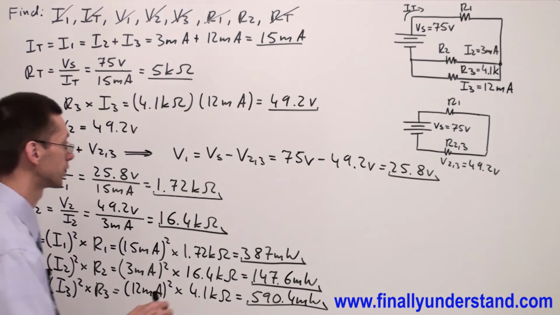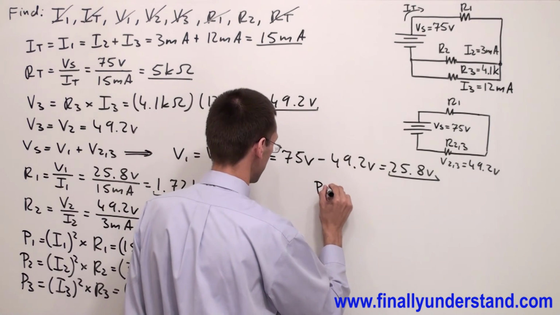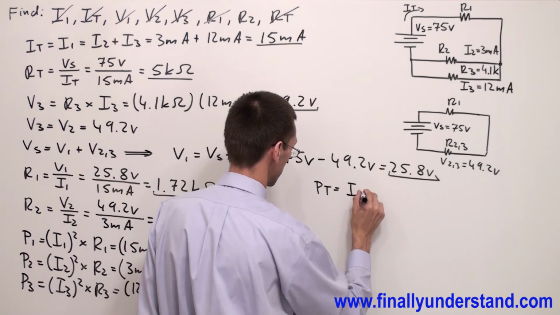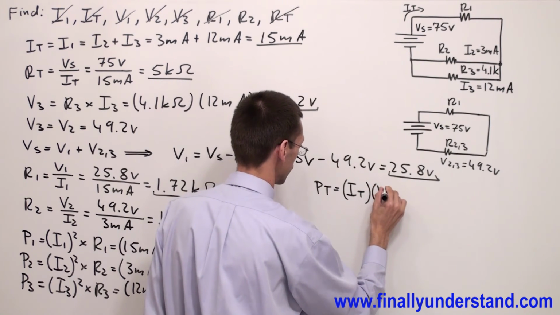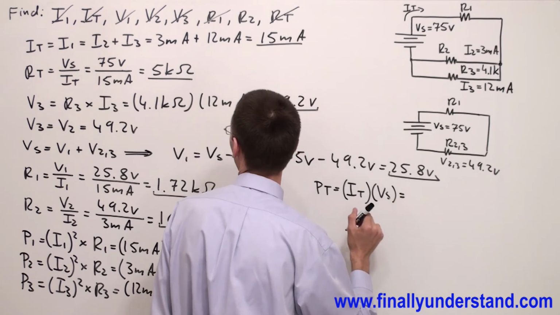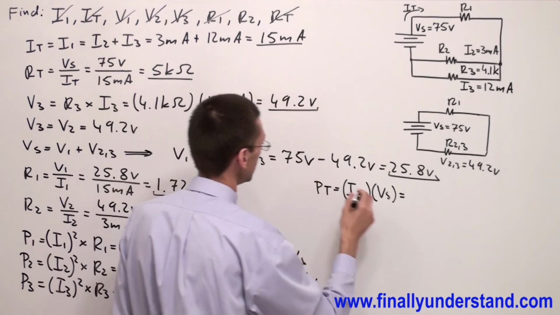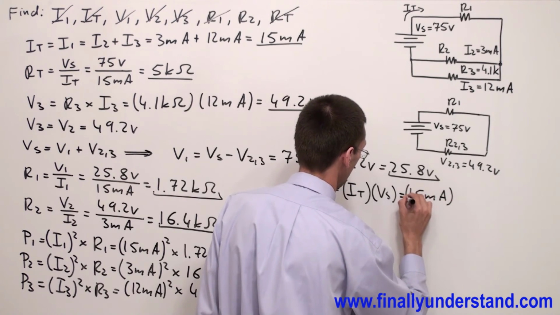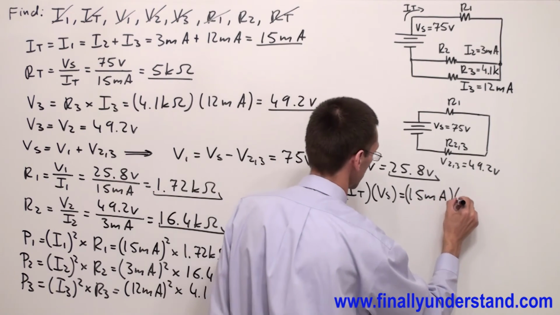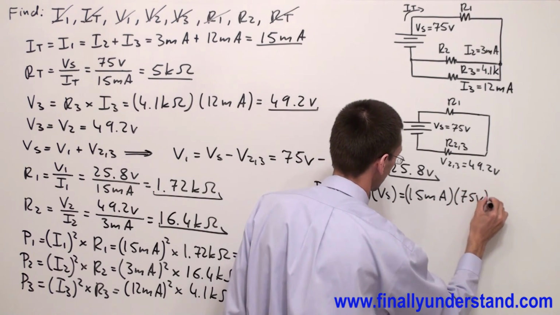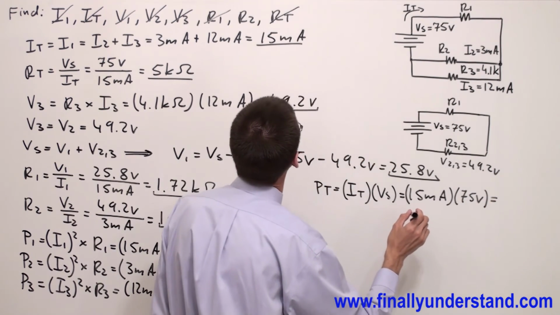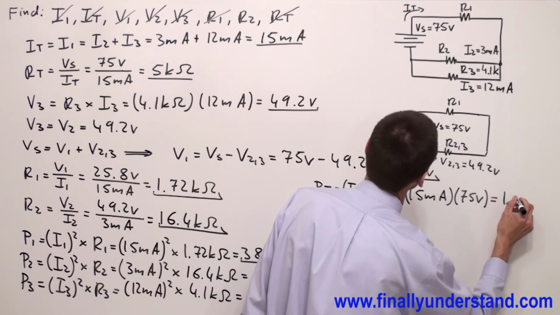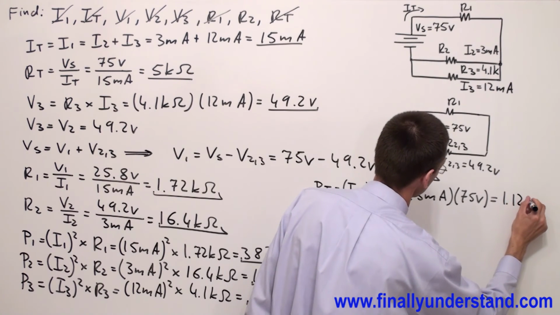Next we can find P total. P total is equal to I total times voltage source, where I total is equal to 15 milliamps times voltage source, which is equal to 75 volts, and everything is equal to 1.12 watts.